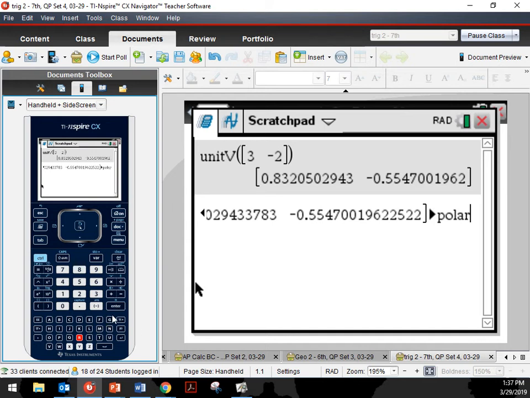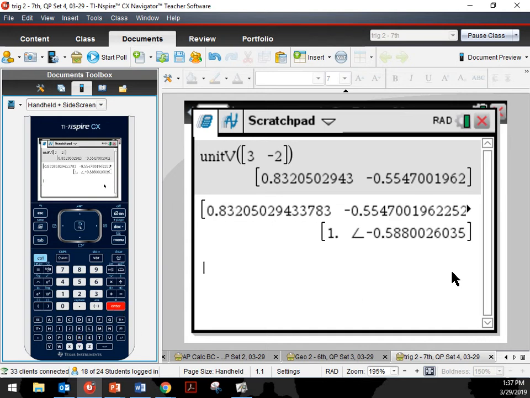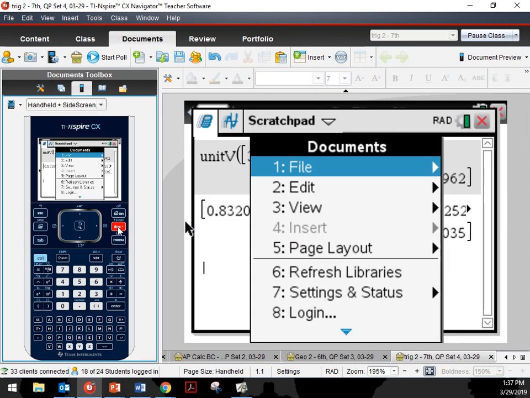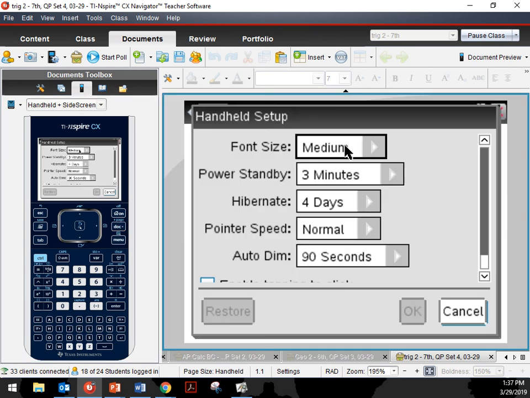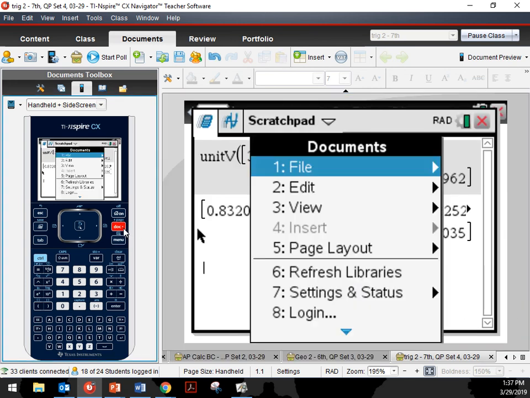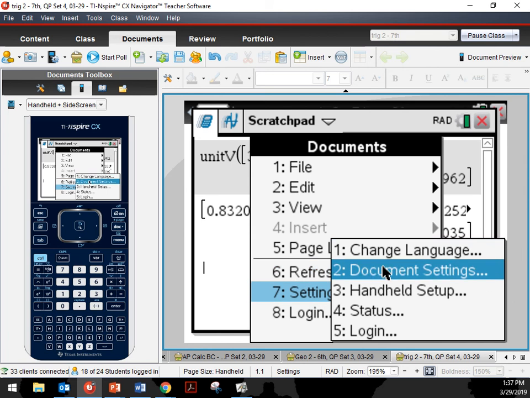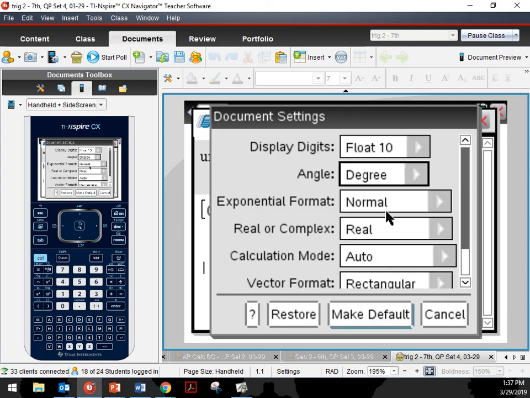Enter. Now, what's the issue here? Yep, I need to have degrees. Even in the notes it says that it has to be in degrees.